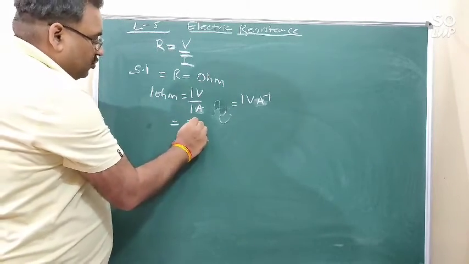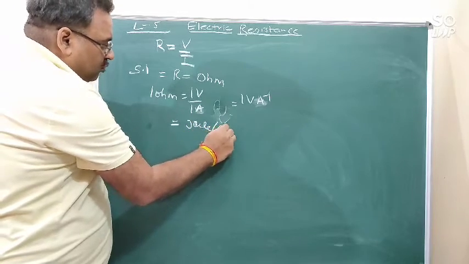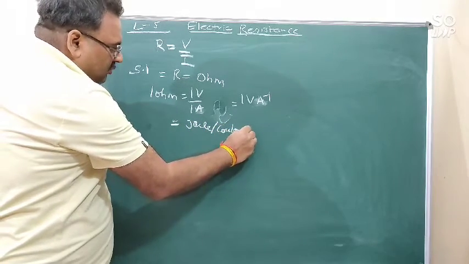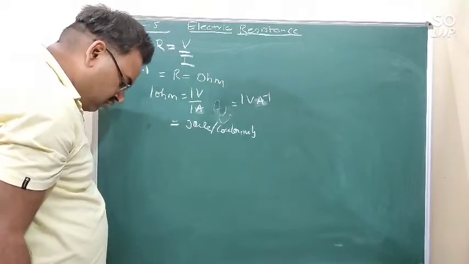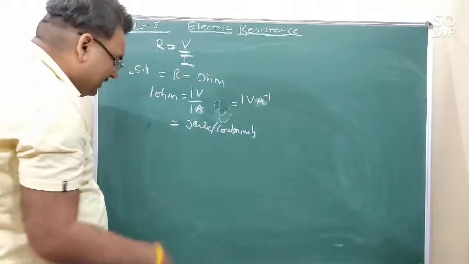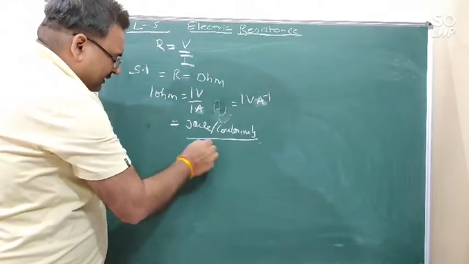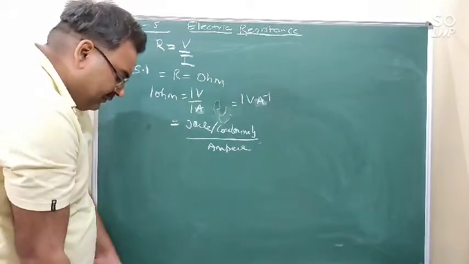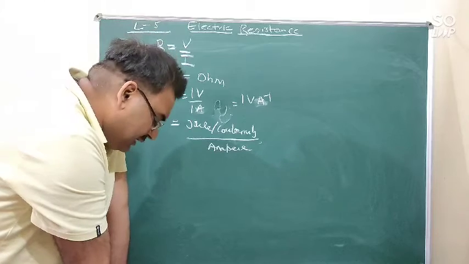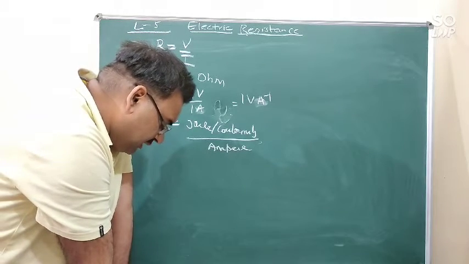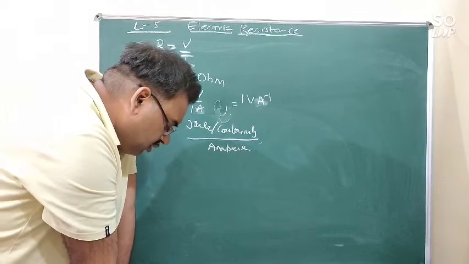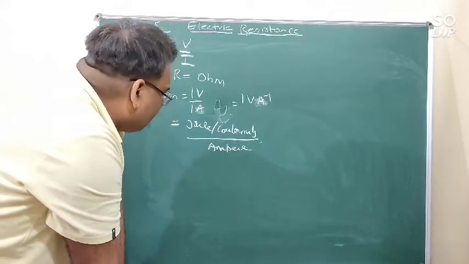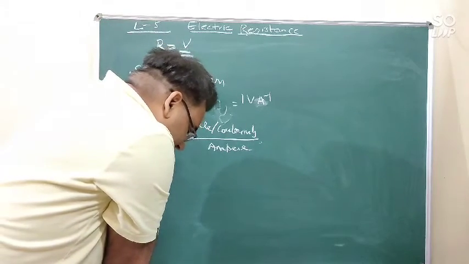So this is written as joule per coulomb, and below that is ampere. Joule is Newton into meter, and coulomb is ampere second.